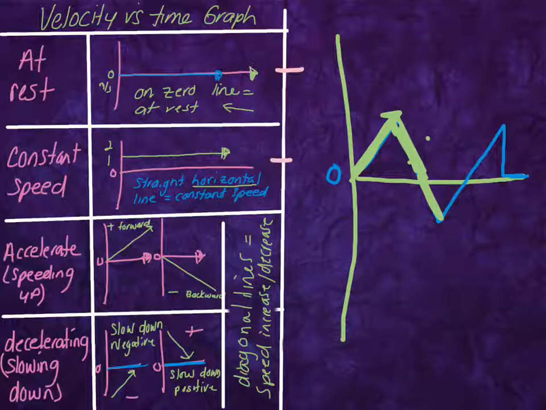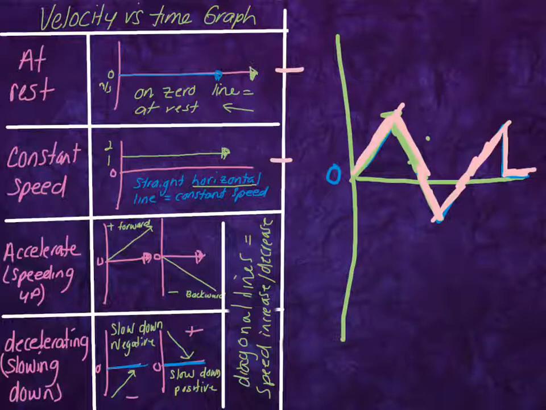So you ran forward, slowed down, and then you turned around and started to speed up, and then you're slowing down in the other direction. Then you turn around and speed up forward, and then you just stop immediately.